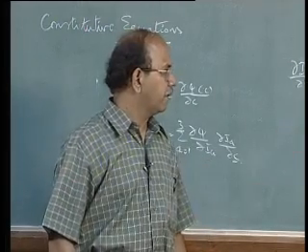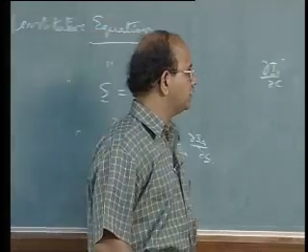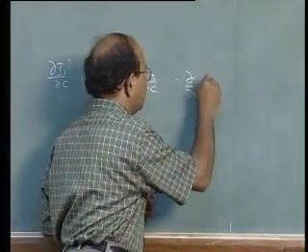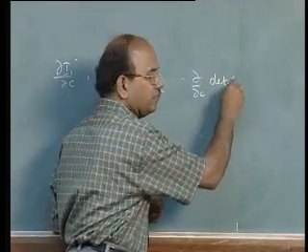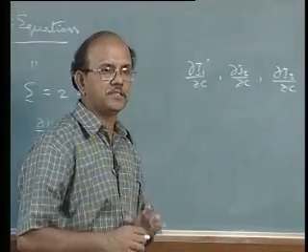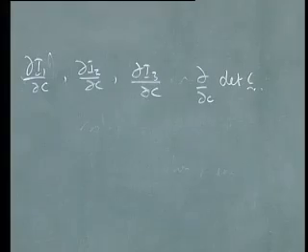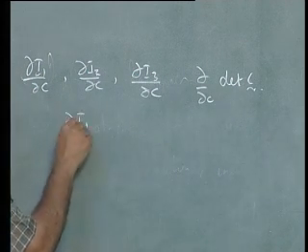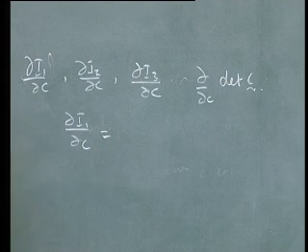But for the rest of it, let us see whether you're able to do it. That is dou by dou C of det C, the determinant of C, the only expression which requires some amount of manipulation. So let's write down these two. So dou I1 by dou C is equal to what?